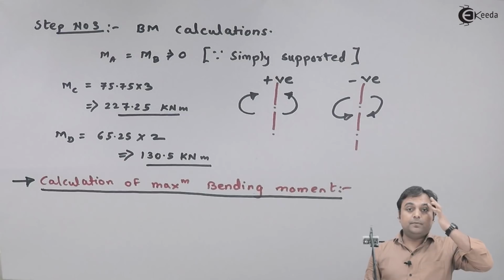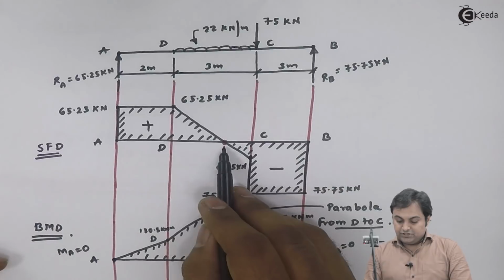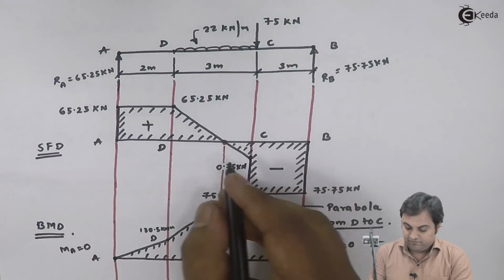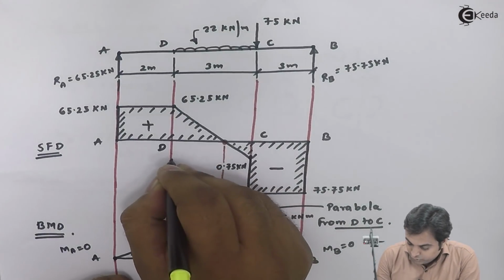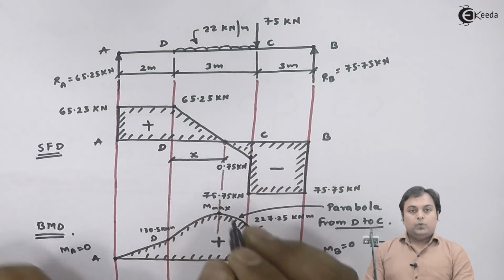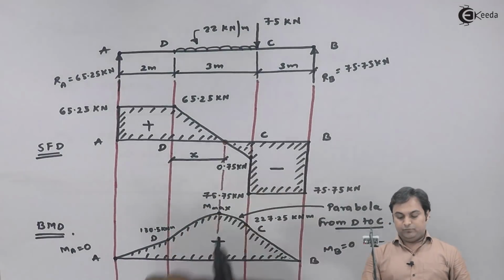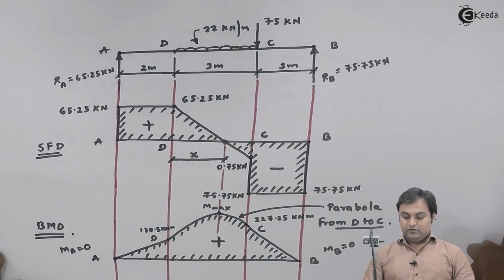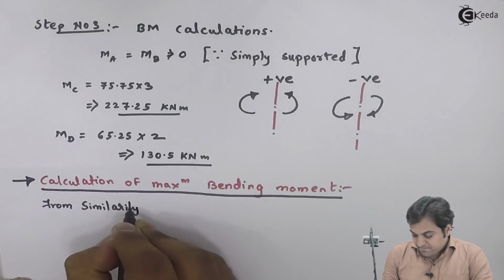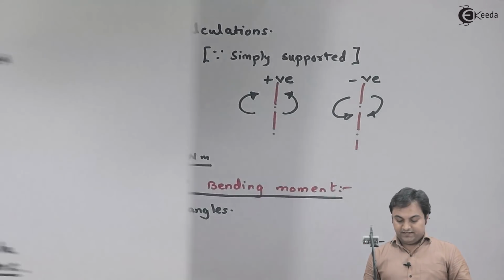To calculate maximum bending moment, first we should know the distance of this point where maximum bending moment is acting. This distance we will find from point D. I'll call it X. If we are in a position to get this value of X, we can easily calculate bending moment at this point. So from the similarity of triangles, here I would be magnifying these triangles.